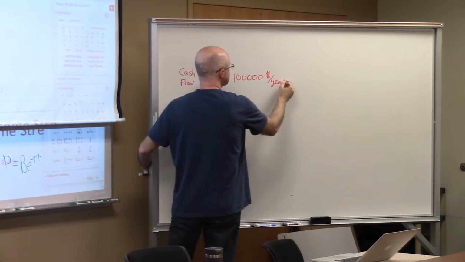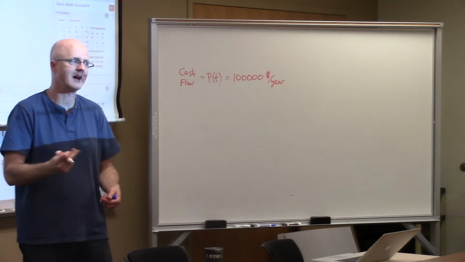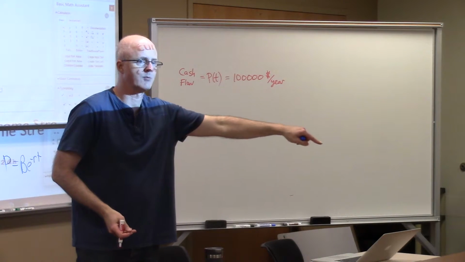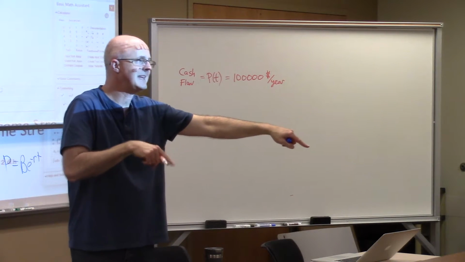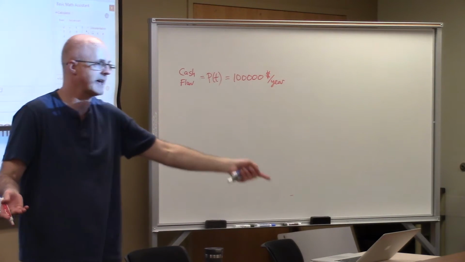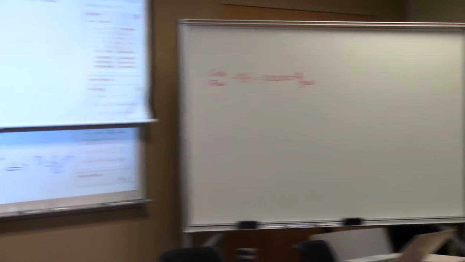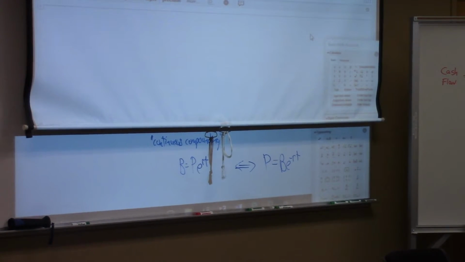But realize this is happening in a continuous way. So you're not getting $100,000 every second. You're getting $100,000 over the course of 1 year continuously, meaning you're getting not very much money every second. How many seconds are in a year?